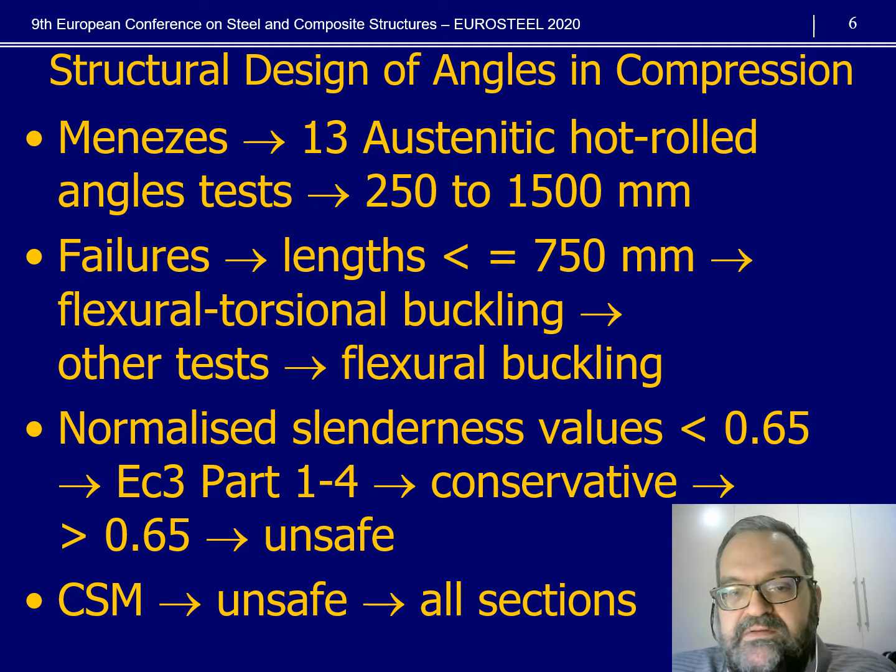For normalized slenderness values less than 0.65, the Eurocode part 1.4 proved to be conservative, while for values more than 0.65 it proved to be unsafe. On the other hand, the continuous strength method proved to be unsafe for all sections.